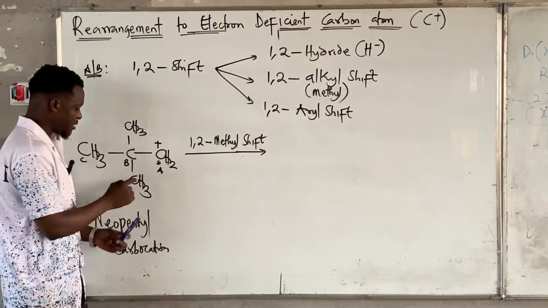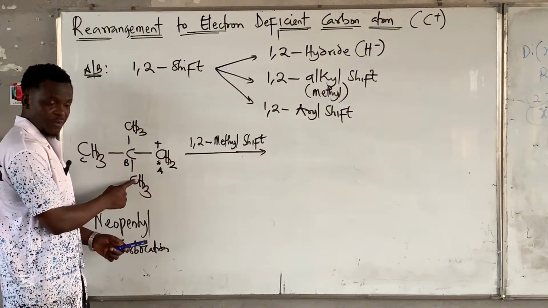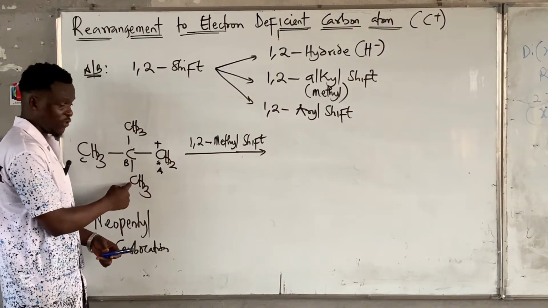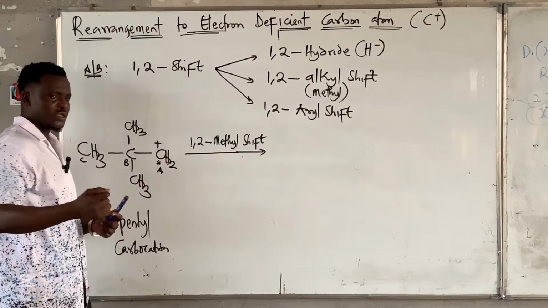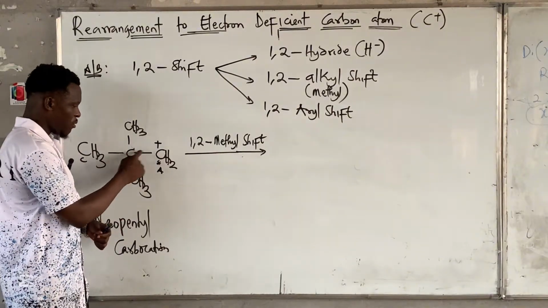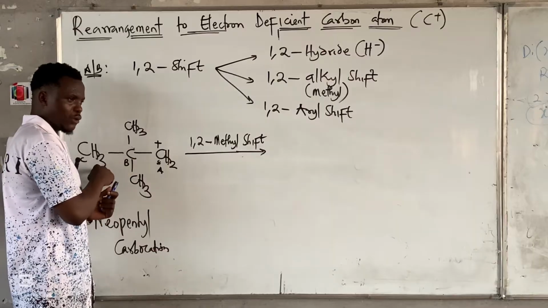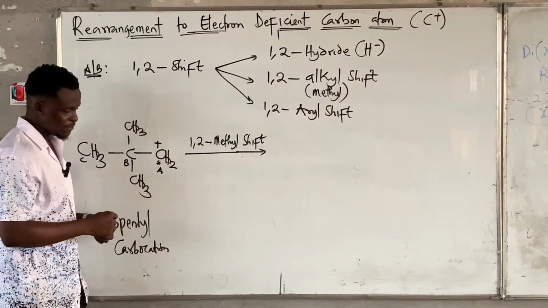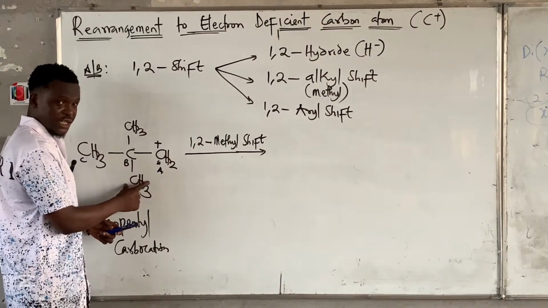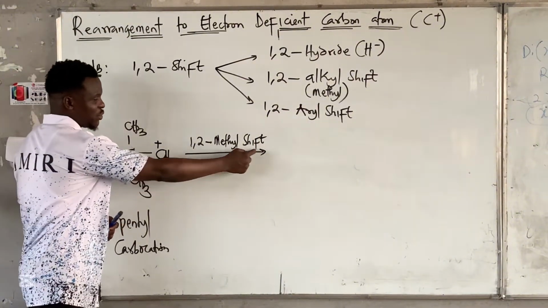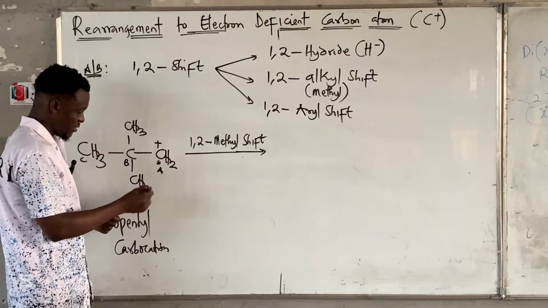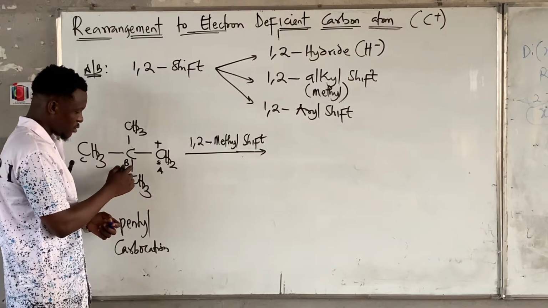How do we achieve that? Now, if I migrate this alkyl group from this carbon B, any of these alkyl groups from this carbon B to this guy, I'm saying 1,2. Remember I just told you that 1,2 is a case whereby you're moving something from a carbon to the next carbon immediately. So if I move this particular CH3 to this point, I'm going to do a methyl shift, because what I'm shifting is methyl. It's going with the bond, right?